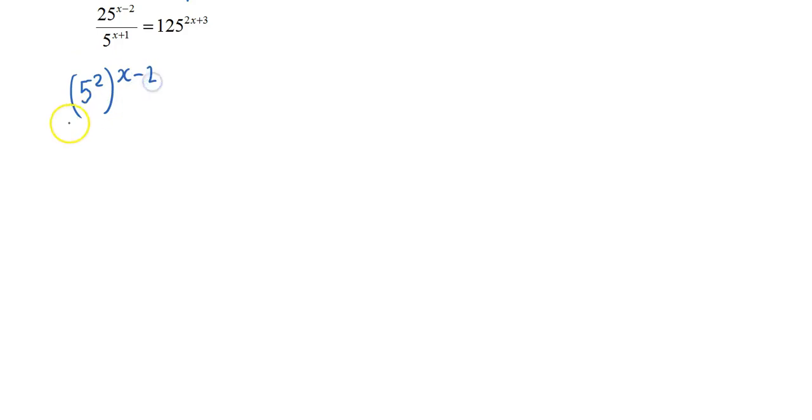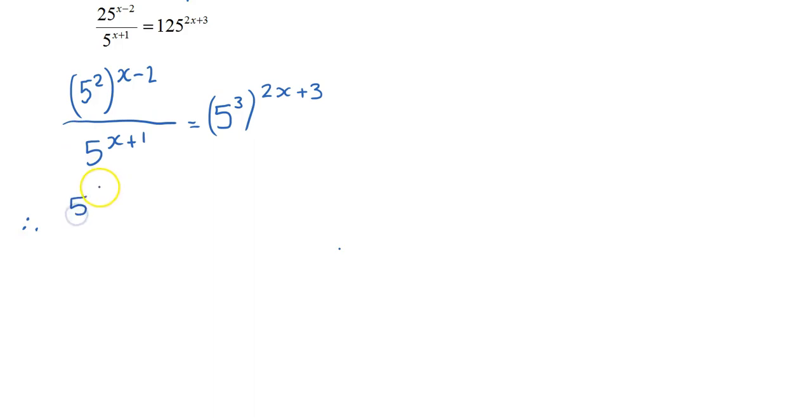x minus 2. That can stay there. We've got to figure out what 125 is. So starting with 5, 5 times 5 is 25, times 5 is 125, so it's 5 to the power of 3. Okay, so I've got a little bit of simplifying there, but all my bases are looking a lot better.